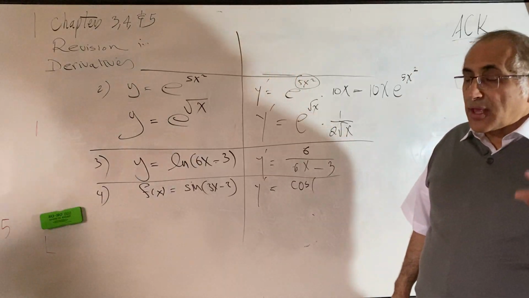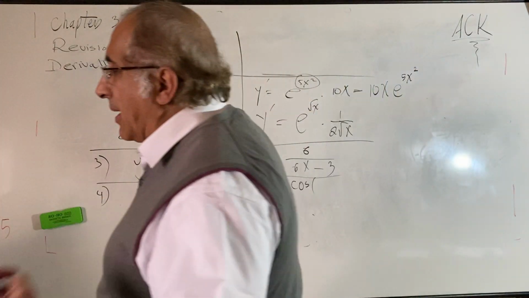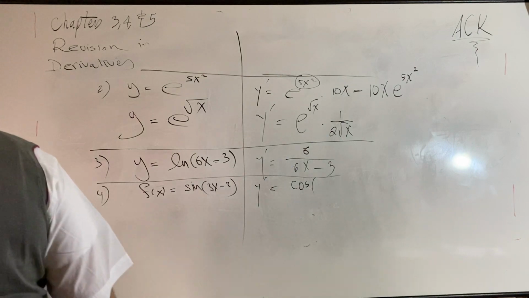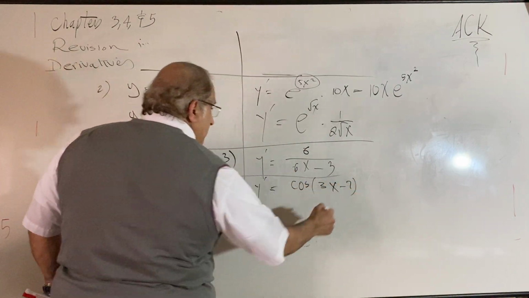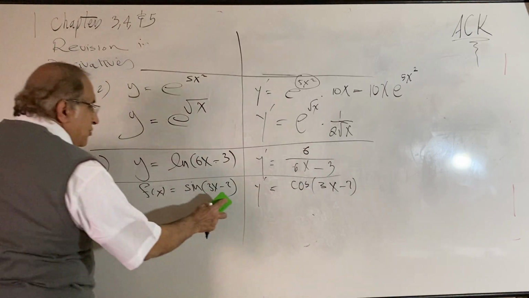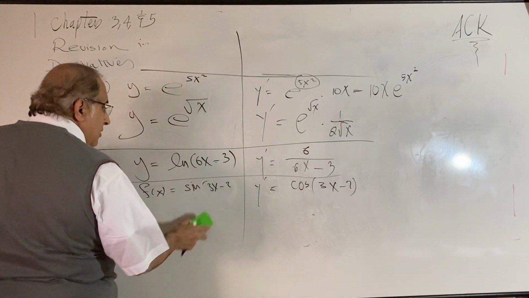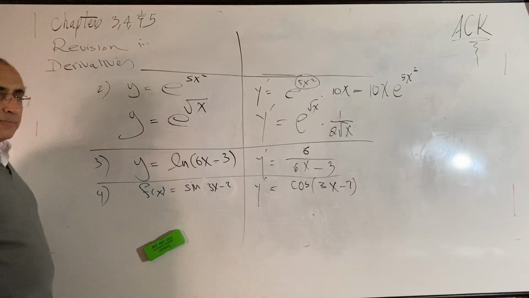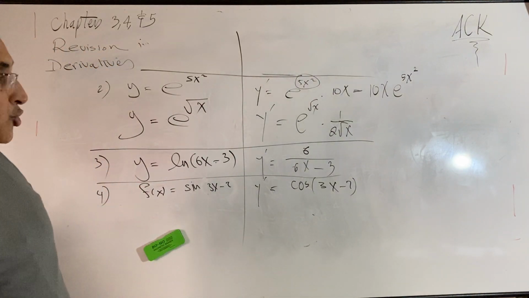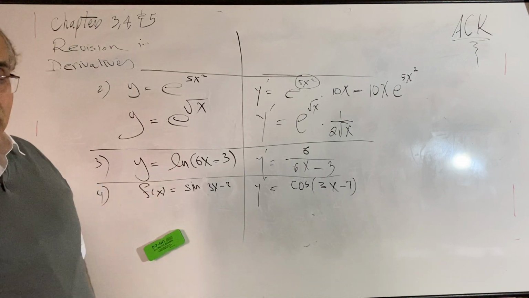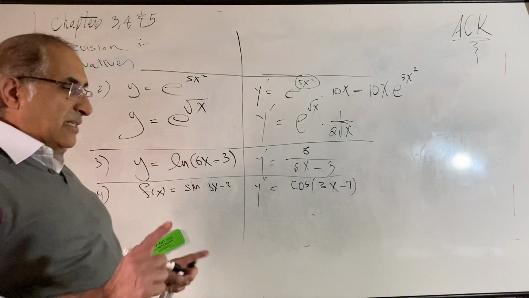No, Habibi, no. The angle is whatever is between the brackets. Remember that. This is the angle, 3x minus 2. But listen to this trick. No bracket. How do you read this? Sine 3x minus 2. So what is the angle? 3x. So don't mix up.